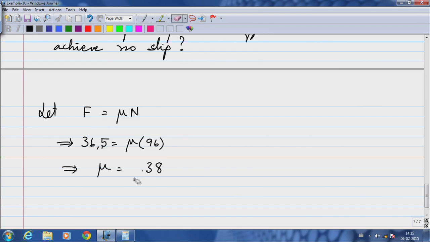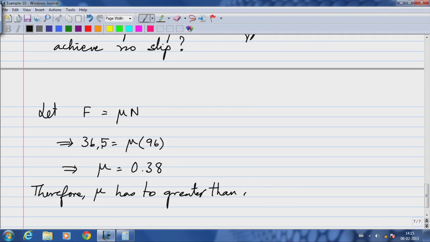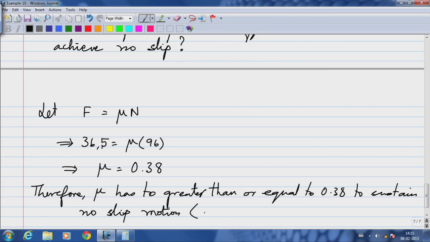Remember, mu has no units. Therefore, we can say mu has to be greater than or equal to 0.38 to sustain no slip motion, which is also referred to as pure rolling.